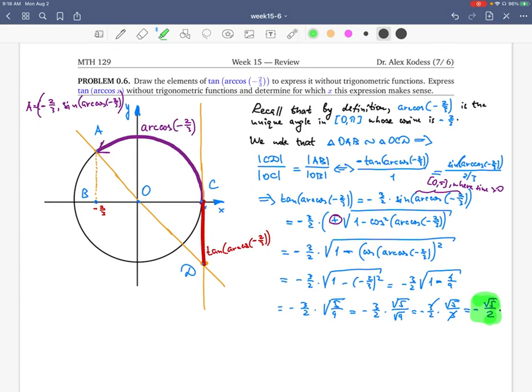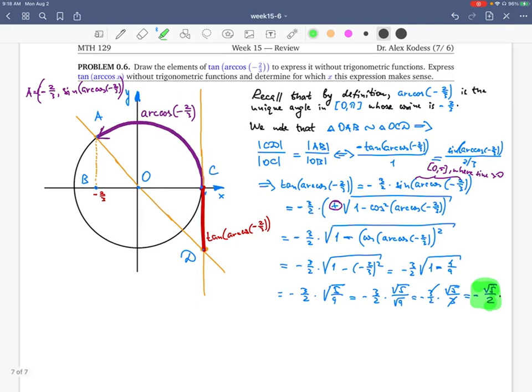All right. Now, the second part of the problem is even easier.